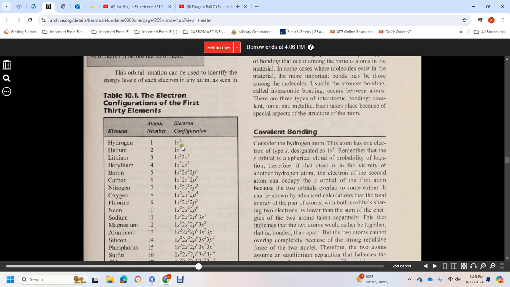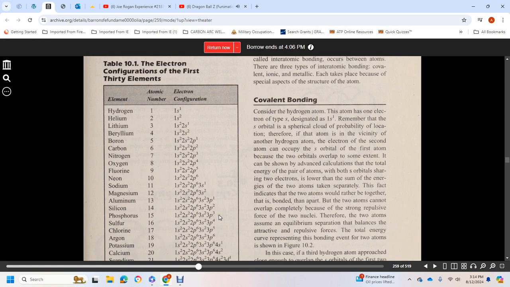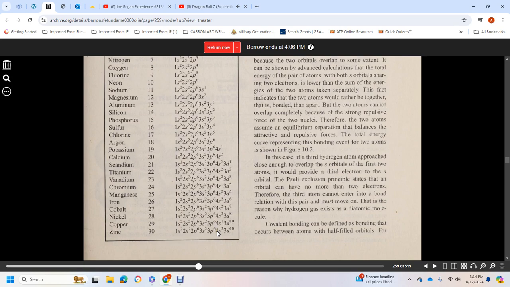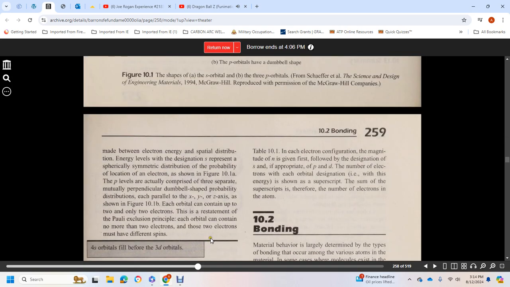Orbital notation can be used to identify the energy level of each electron in the atom, as seen in table 10.1, the electron configuration of the first 30 elements. It goes from 1s1, 1s2, then 1s2 2s1, 1s2 2s2, then the 2p with up to 6 electrons, continuing to 1s2 2s2 2p6 3s1, then 3s2, 3p up to 6, and finally D and 4s. In table 10.1, the electron configuration is given with the magnitude n first, followed by the designation S, P or D. The number of electrons in each orbital designation is shown in superscript.